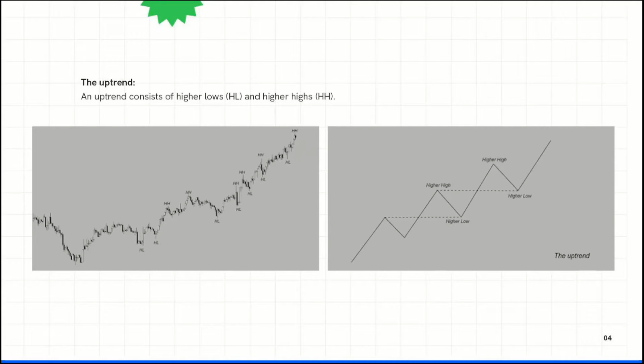On the left hand side, you can see the real formation on a chart, with higher highs and higher lows. You can see how it forms on a real-time chart. That is what an uptrend consists of: higher lows and higher highs.